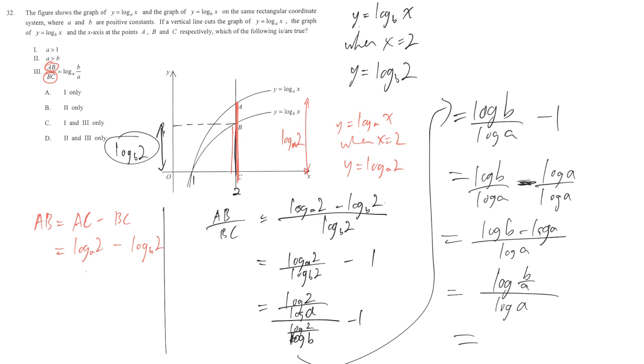After that, we may change this one to be the base. That means log base a of b over a here. So after so many calculations, we find out the last statement is correct. The first one is correct, the second one is wrong. So our conclusion is C in question 32.